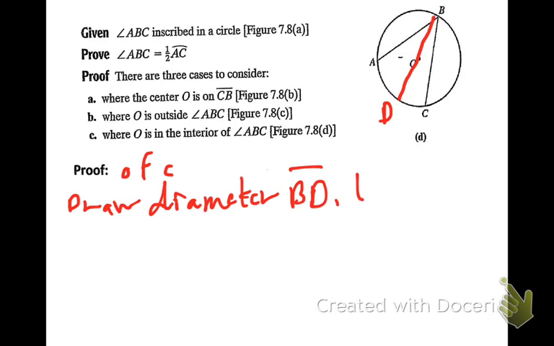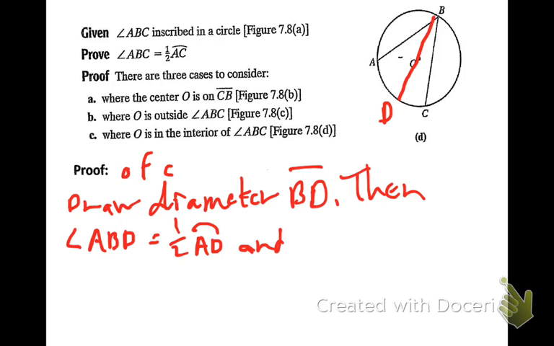Then we know from the inscribed angle theorem that angle ABD is equal to 1/2 the arc AD. And we know from the inscribed angle theorem that angle CBD is equal to 1/2 of arc DC.